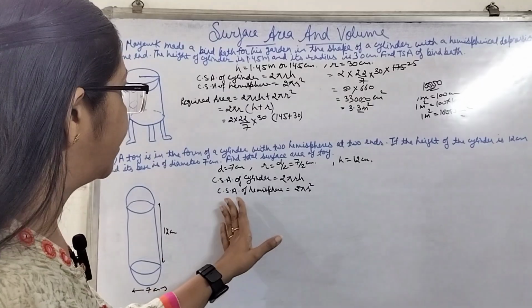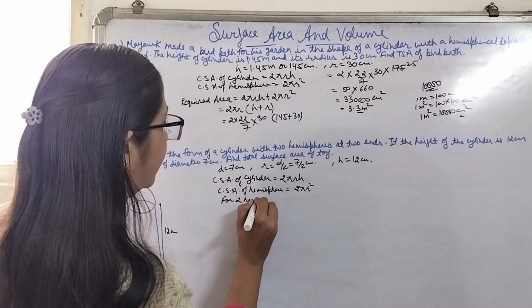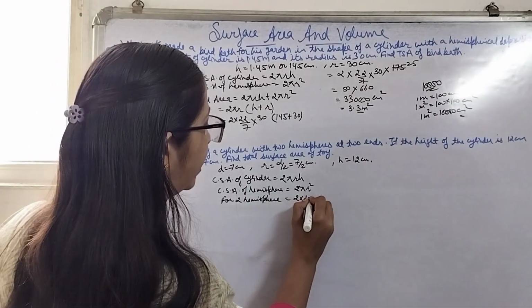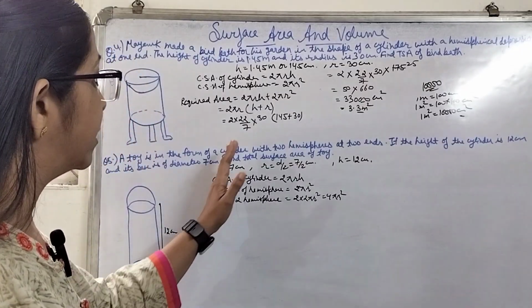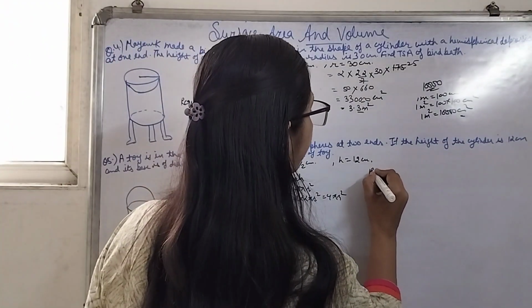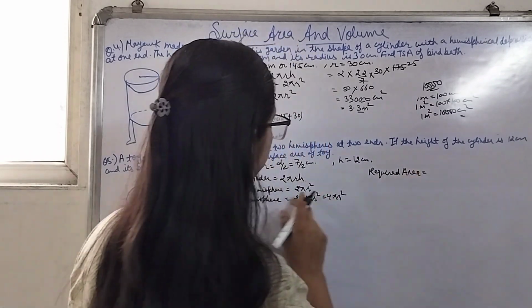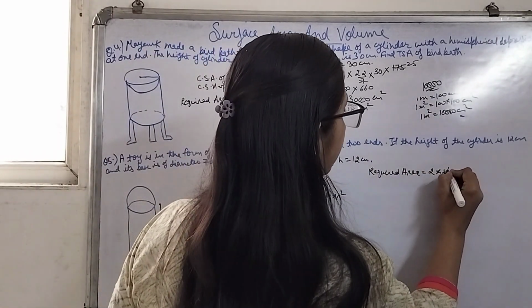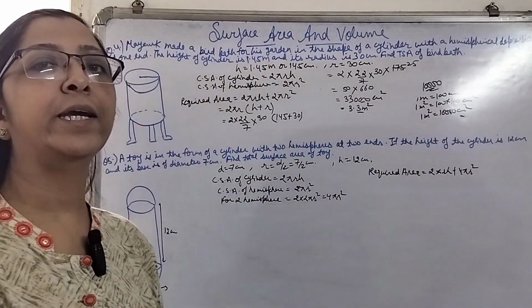So for two hemispheres, the area will be 2 multiplied by 2 pi r square, that is 4 pi r square. So what is the required area? The required area will be the sum of these two. That means the required area is 2 pi r h plus 4 pi r square. This is the required area.